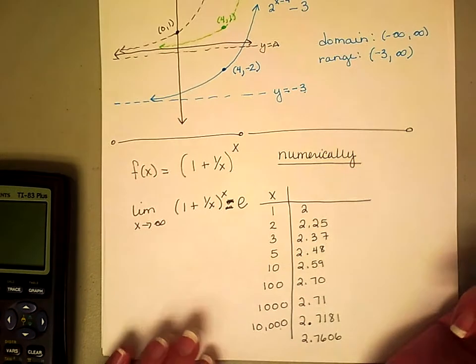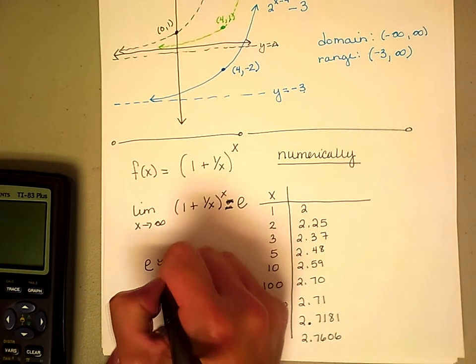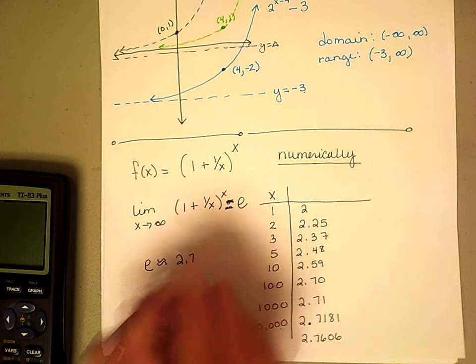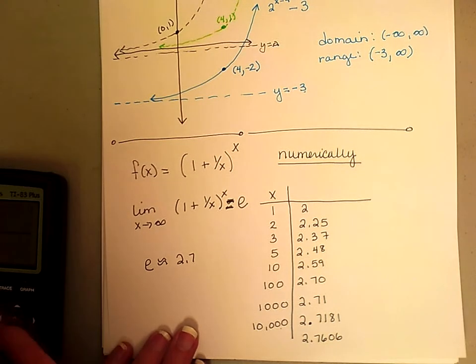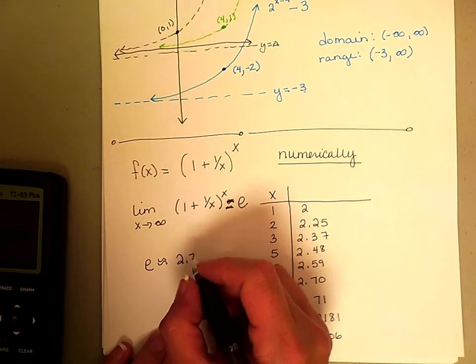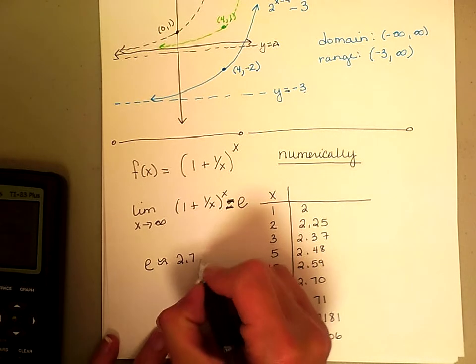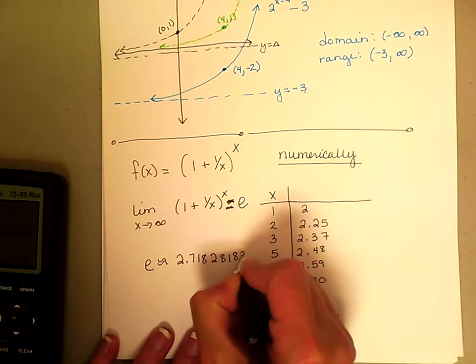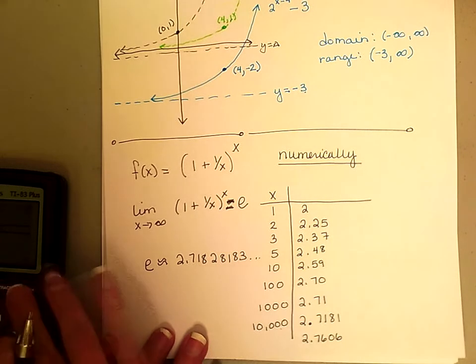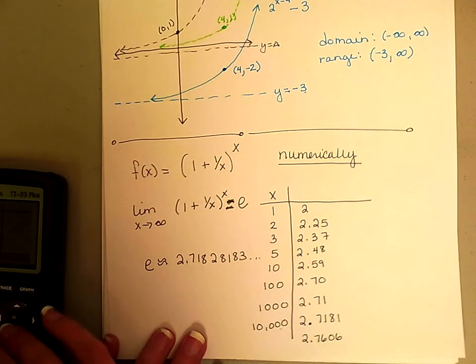So this is equal to e. Okay. It's irrational. And e is approximately 2.7182, 81, 83, etc., etc., etc.